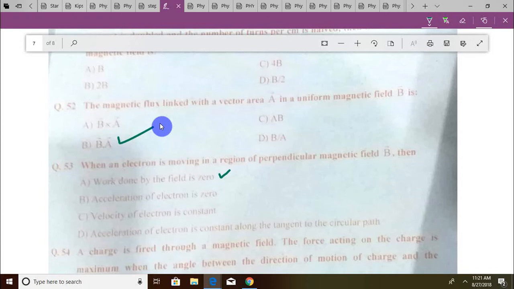And the cross product is a vector product. So one wonders why it is B and not A. We are going to go over magnetic flux and magnetic flux density.